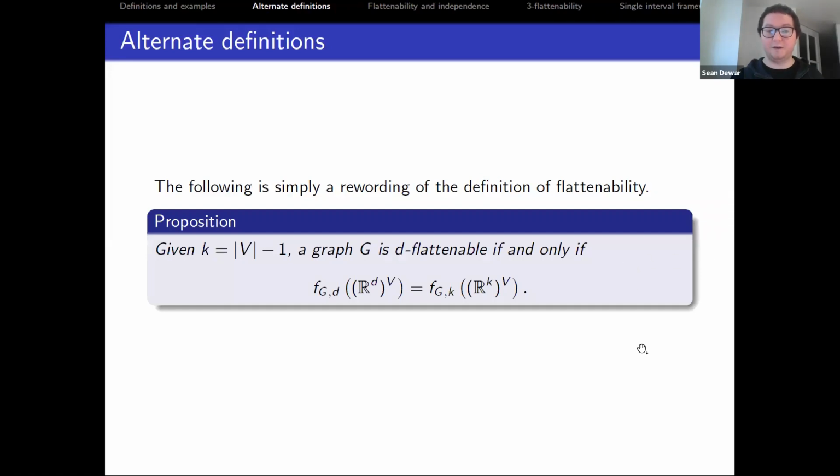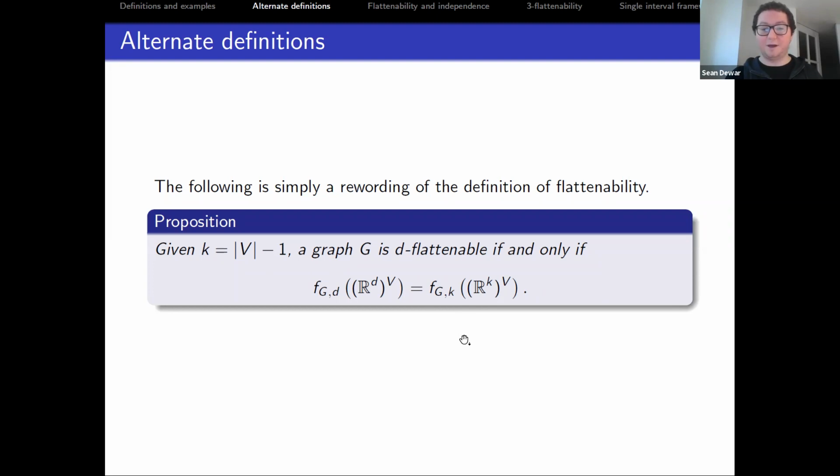First one is quite easy. Given that K is equal to V minus 1, a graph is d-flattenable if and only if the set of squared edge lengths for every d-dimensional realization is exactly the same as the set of edge lengths of every k-dimensional realization. That's just exactly the same as what I said about flattenability.